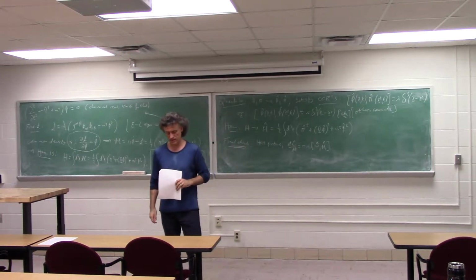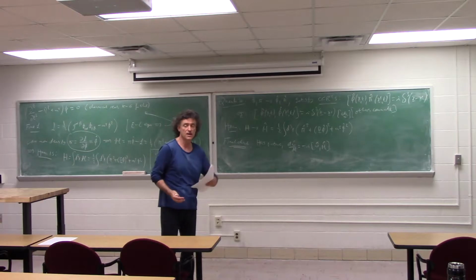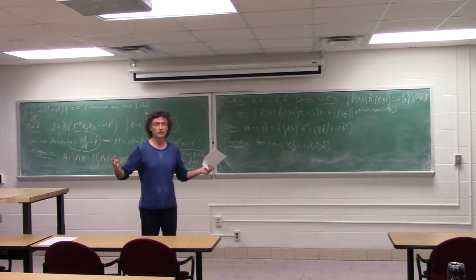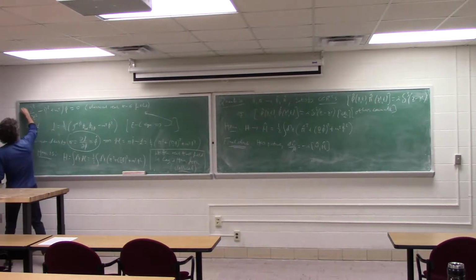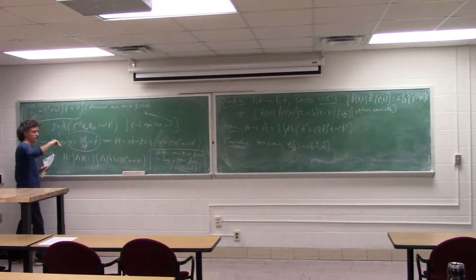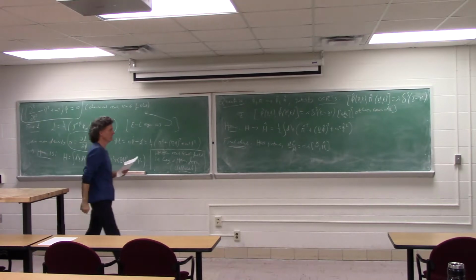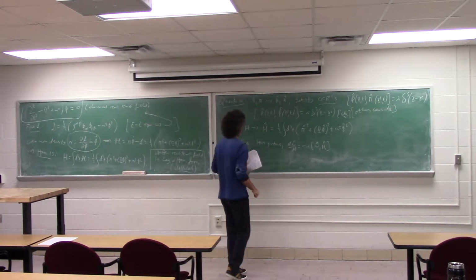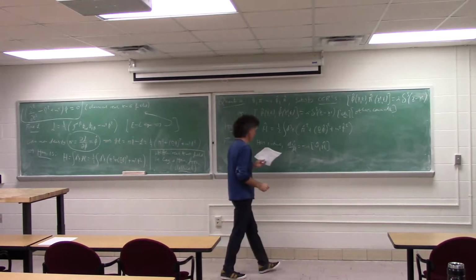Why are we working in the Heisenberg picture? Because the equations of motion for the field operators take the same form as the classical field equations. That's very useful because we already know properties of the classical field equations that we can use. And so it should be that the quantum operator field satisfies the same equation.